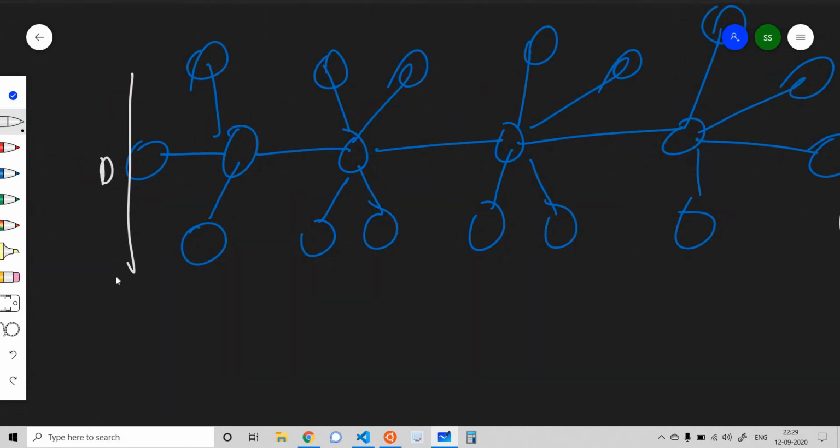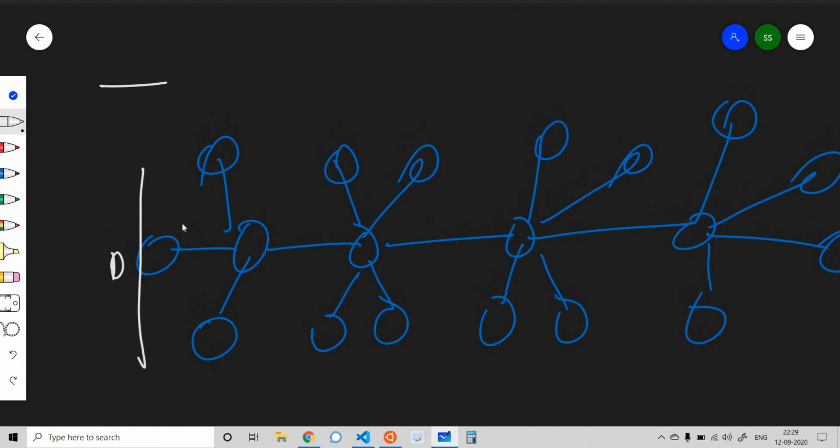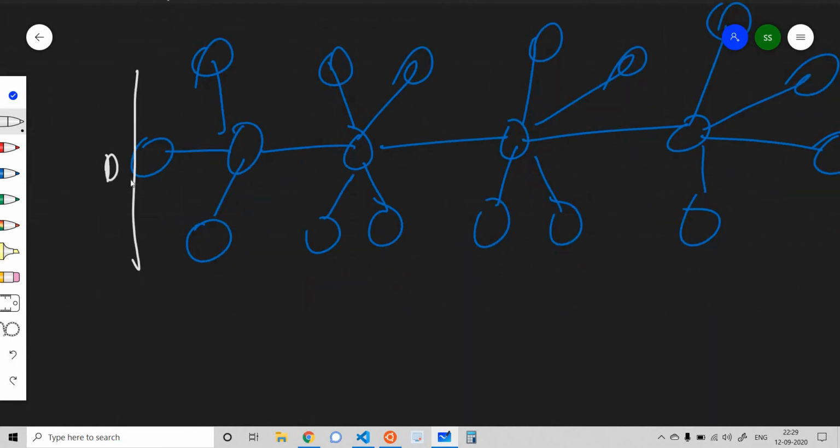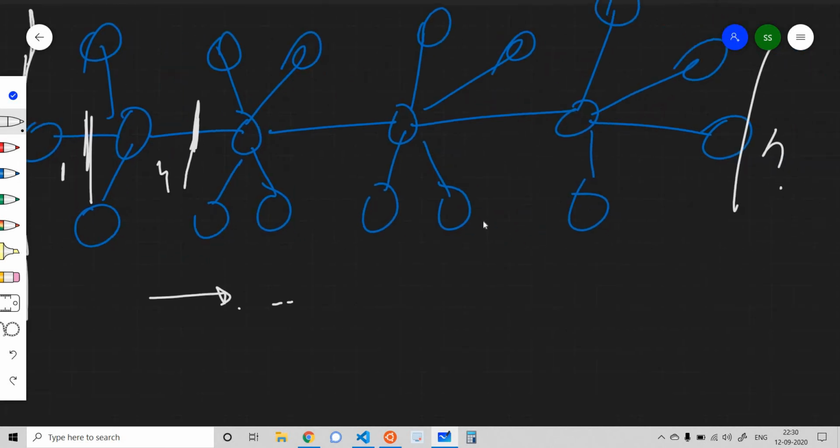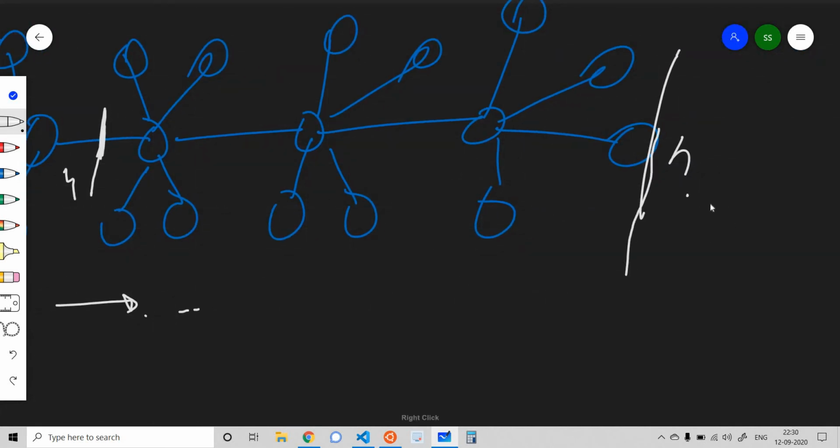If we go from left to right, at this point, at the left of this vertical line, we are having 0 nodes, and at the left of this line we are having one node, and on the left side of this line we are having 4 nodes. So the number of nodes will keep on increasing, and after the last node, the number of nodes we have seen would be n.